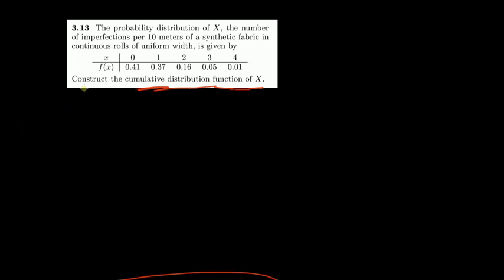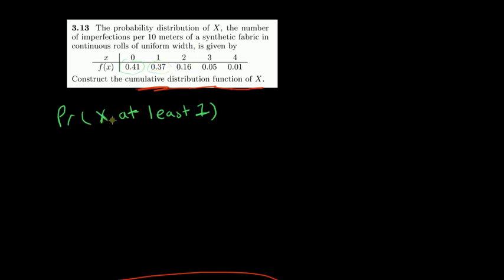So we say, well, what's the probability that x is at least 1? Find the probability that x is at least 1. Okay, so given this probability distribution function, the way you read this is x equals 0. That's the probability x equals 0. So x equals 1, it's the probability x equals 1, right?